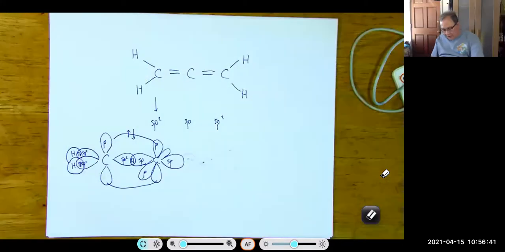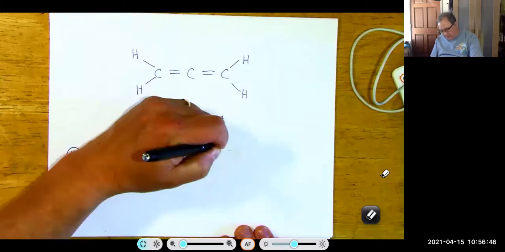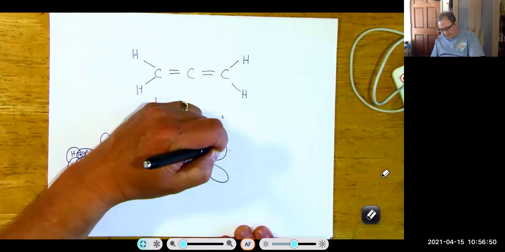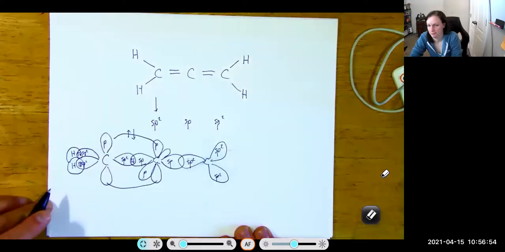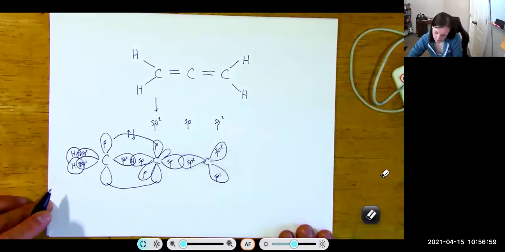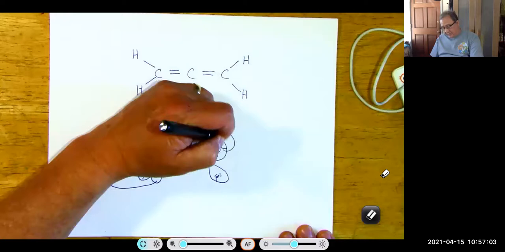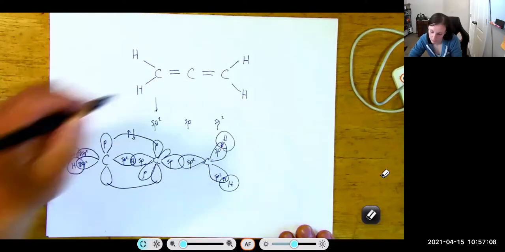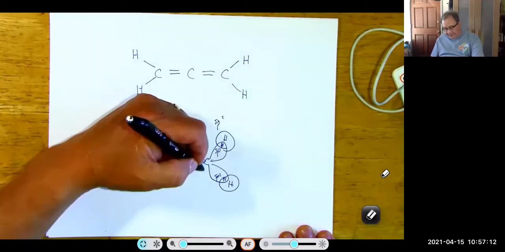So maybe we draw it this way. Is this still trigonal planar for the sp2 hybrid orbitals? Does that look trigonal planar pretty much, with a hydrogen here and a hydrogen here? Okay, so here's the unhybridized p, right?